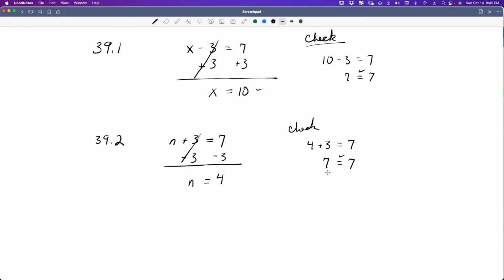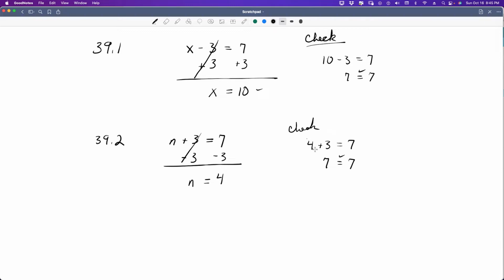Okay, remember when I told you that I want you to start thinking of an equation as less of a number sentence with a blank to fill in, and more of two sides that have to have the same value. That's what we're doing. We're solving this side, and we're solving this side.